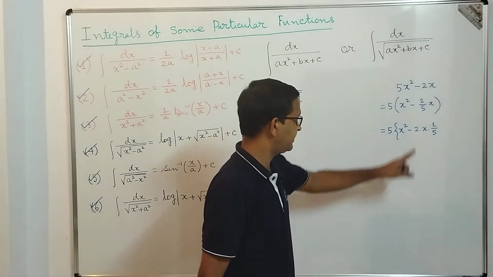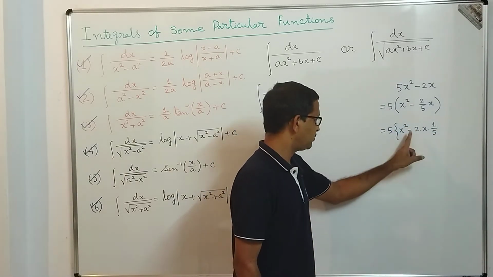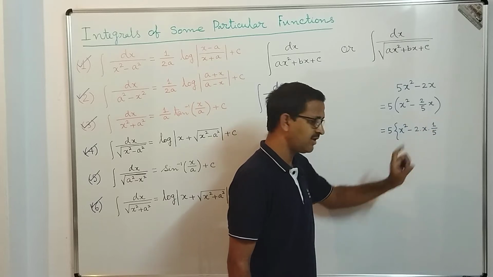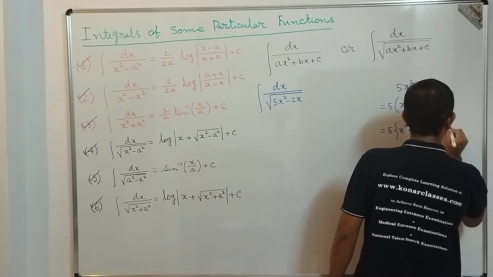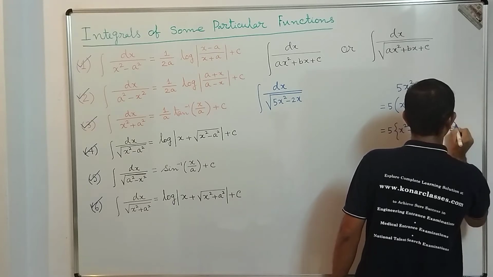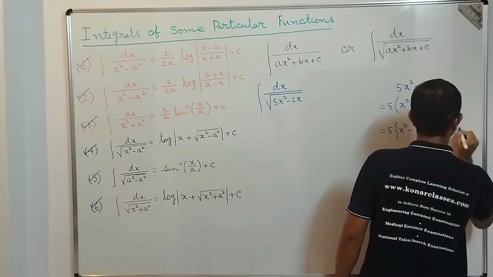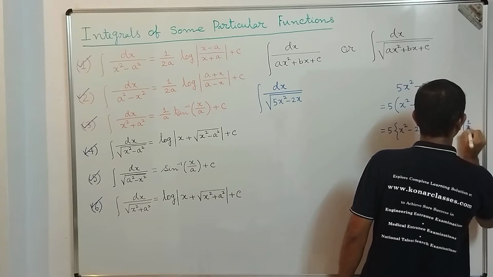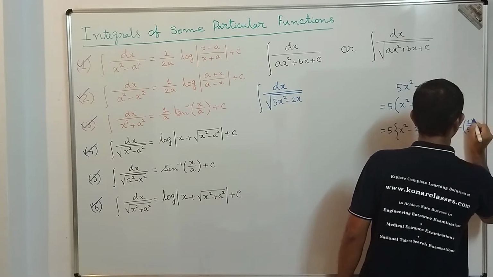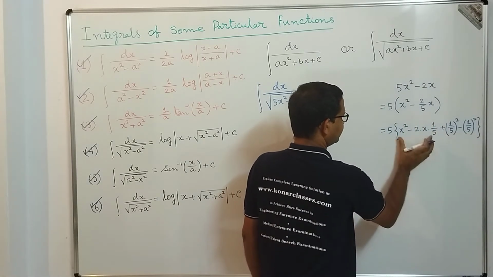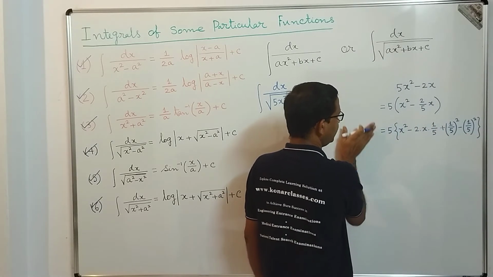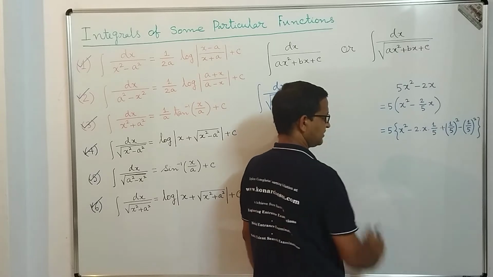Whatever you see as 2x by 5, we are writing as 2 into x into 1 by 5. Now as 1 by 5 is there, 1 by 5 whole square we are introducing, and that same 1 by 5 whole square we are subtracting, so that it gets cancelled and the value of this entire expression will be exactly the same as the value of the previous expression.